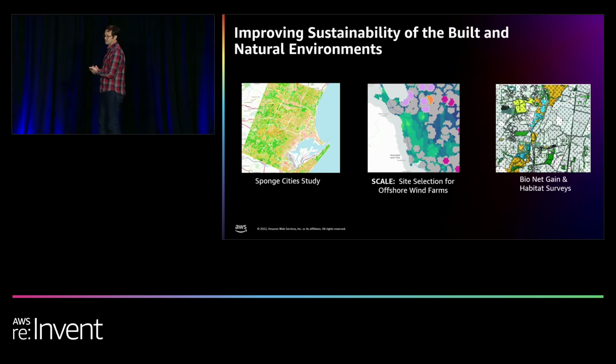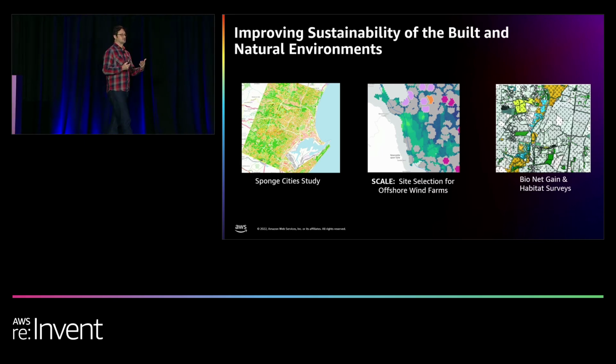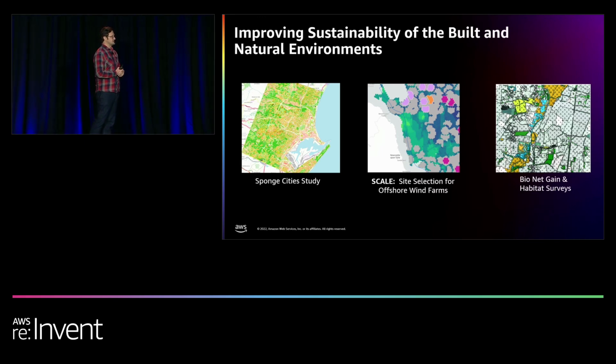There's a link on the arup.com website if you want to know more. Scale is our tool that we've built for the government in the UK and the state owners to understand where and how best to place offshore wind farms. This has been so well received that it was spoken about at COP27.